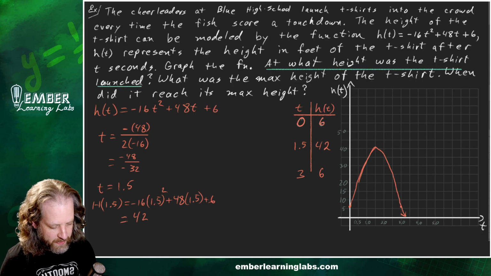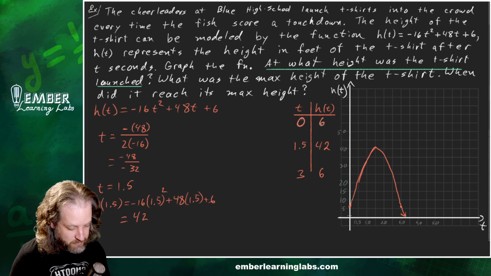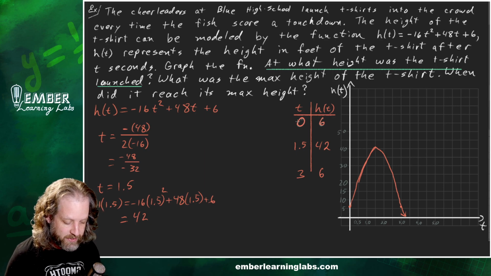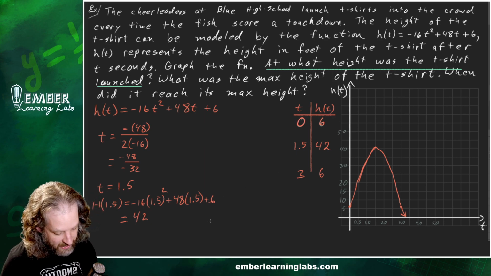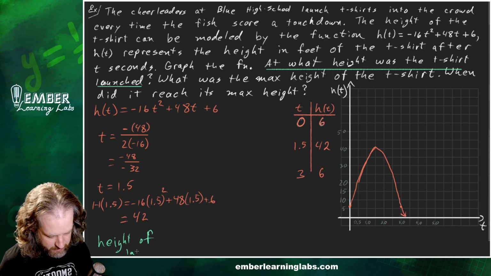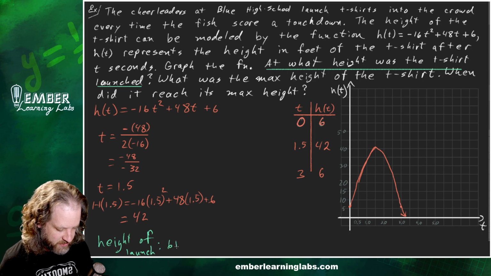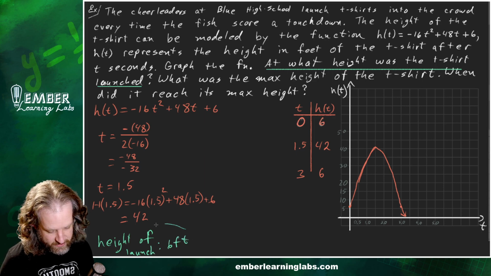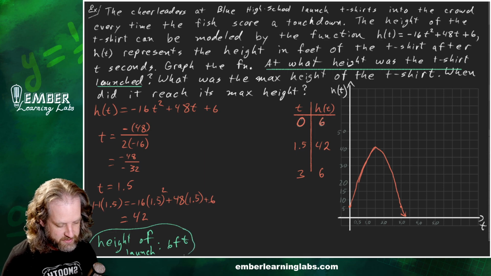Well, we know that because that would be at time 0. So at time 0, it's at 6. So the height of launch is 6 feet, because that's the y-intercept. Easy peasy. Done.